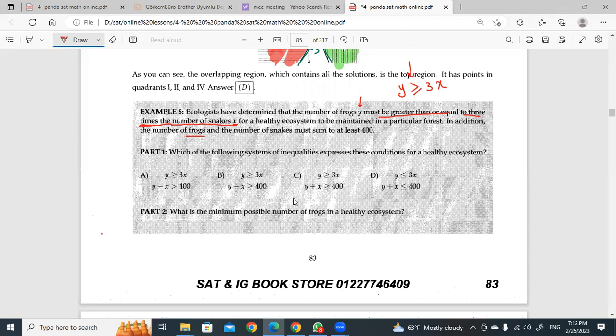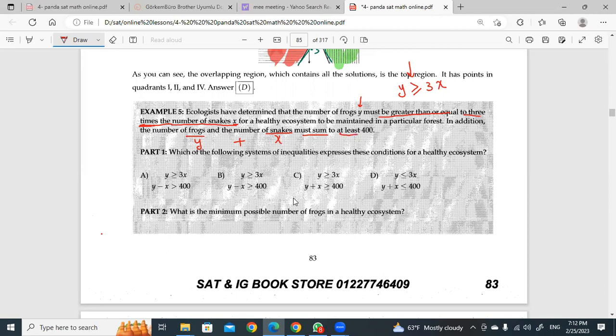The number of frogs, which is y, and the number of snakes, which is x, must sum, which means y plus x, at least.